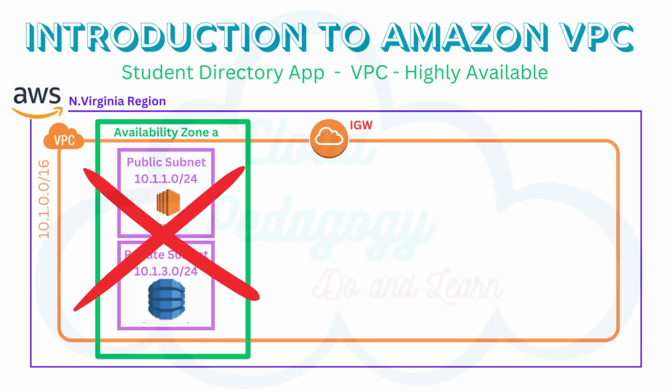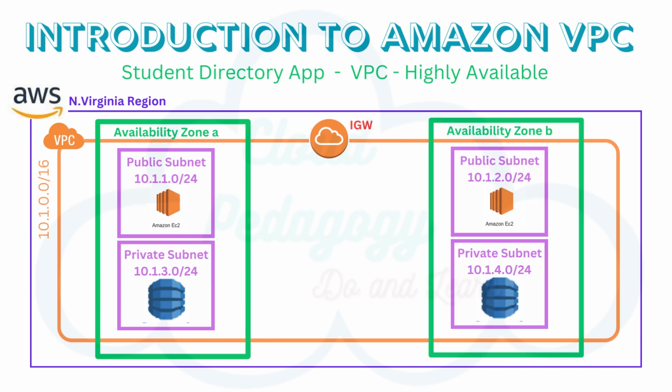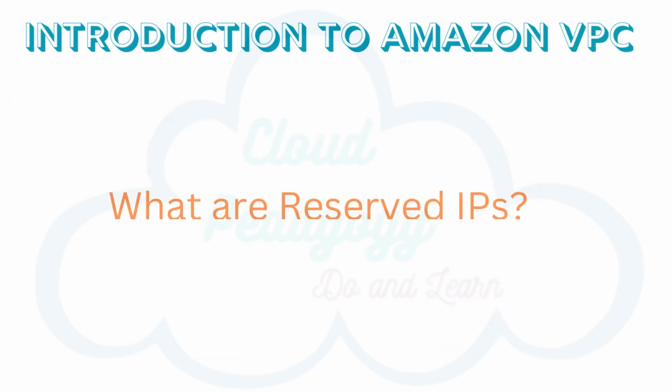So ideally we would have resources in another AZ to take on the traffic coming to our application. To do this, we would need to duplicate the resources in this AZ into the second AZ. So that means we need to create two additional subnets, each in another AZ, say AZ B. Now our application has high availability.